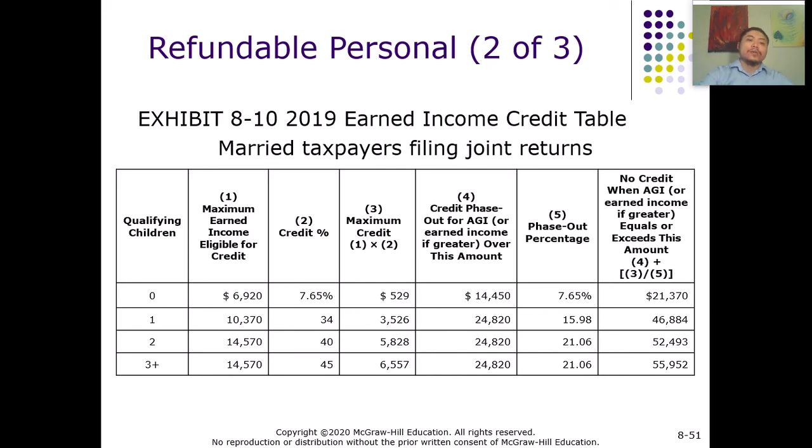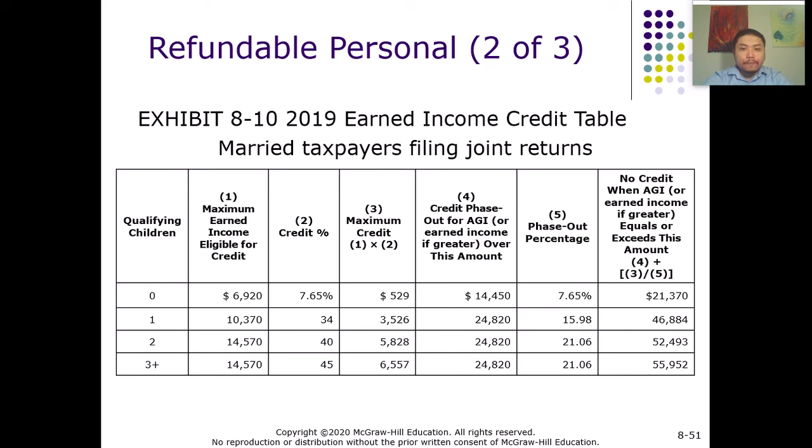So for example, in this case, you have 0 qualifying children, and then you make 6,920. So the credit percentage you have is going to be 7.65%. And as you can see, the more kids that the taxpayer has, the higher the tax credit percentage, right?